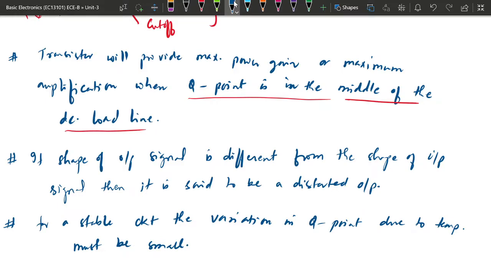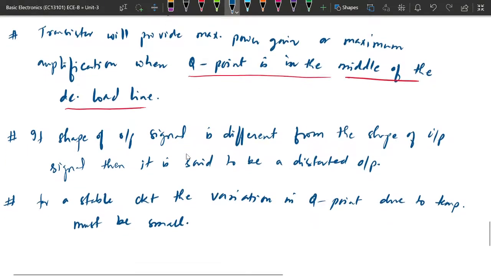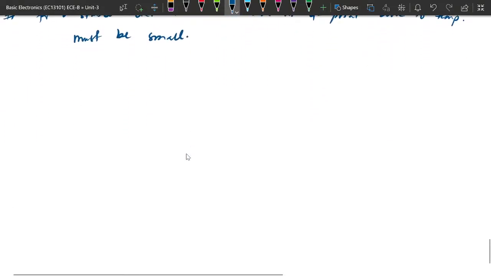To avoid this, we need proper biasing of the transistors. Proper biasing is of different types, and which type of biasing is good or bad is decided by the stability factor also. We will see some of the types by which the transistor is biased.